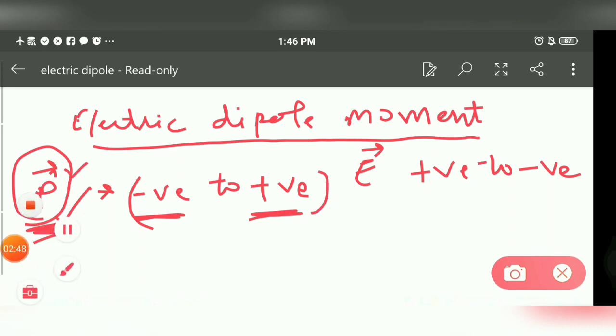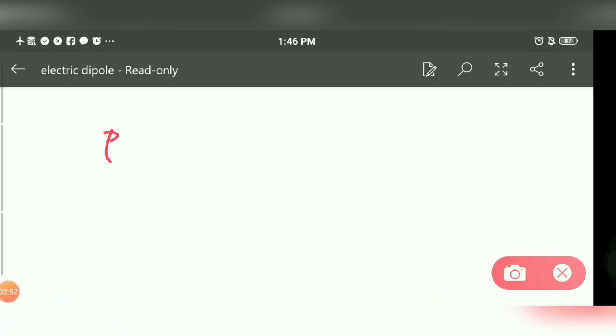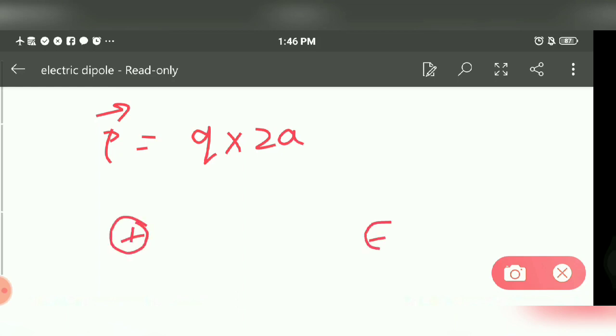Apart from it, electric dipole moment is equal to the product of either charge into the distance between them. If we say an electric dipole, positive and negative, the charge on both of them is q and the distance between them is 2a.